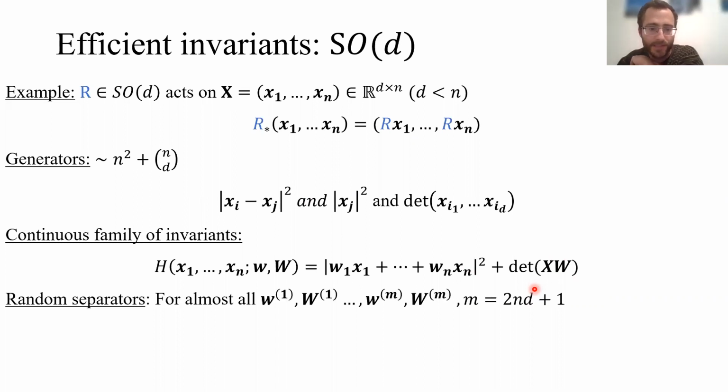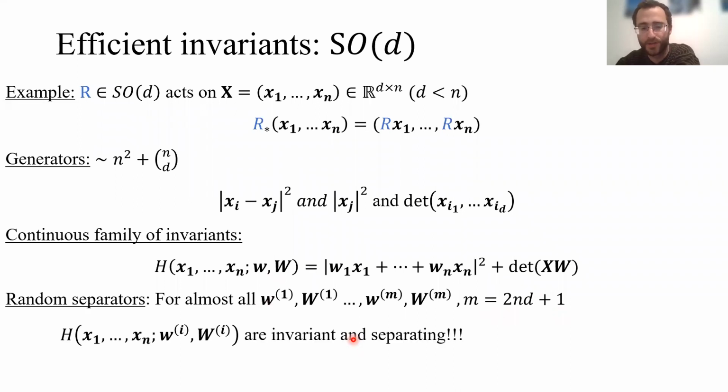And what we'll be able to say is that if you choose randomly 2nd plus 1 such invariants, then you will have separation. Okay, so basically, before we were talking about mapping up and linearly projecting, that was one kind of random measurement. Here we have a different type. And in this type, we don't have to compute everything and then project.